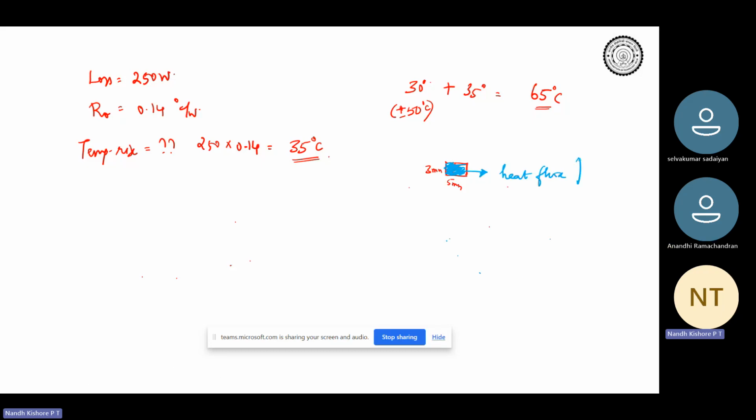The heat flux will be very, very high if you don't have a heat sink attachment. That is why we have a thermally conductive surface attached to this small area, which will spread out the heat, so that my temperature rise is limited.